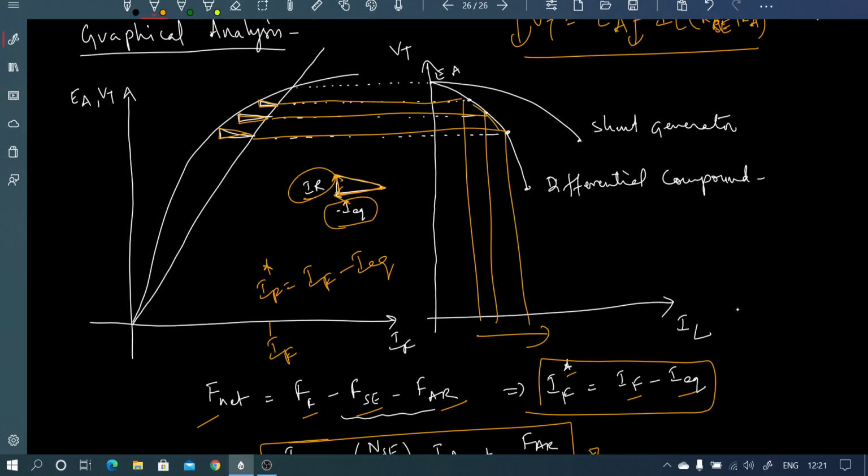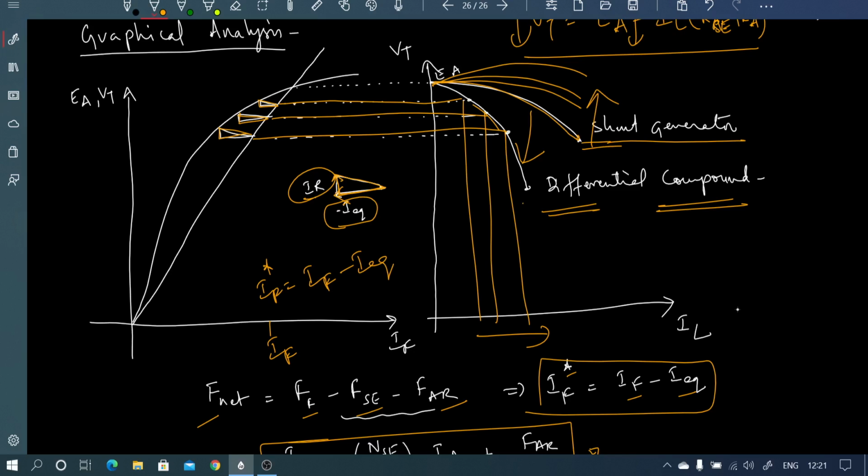Now in this case, differential compound, this is the shunt generator characteristic, where in cumulative compound we had all the characteristics above the shunt characteristic, but in the case of differential compound the characteristic is lower than the shunt generator.